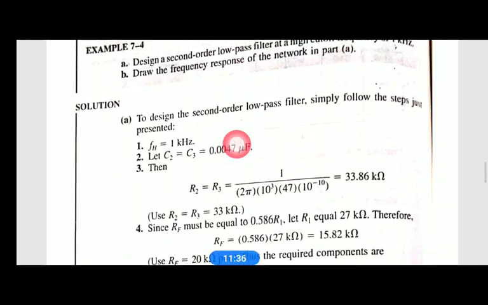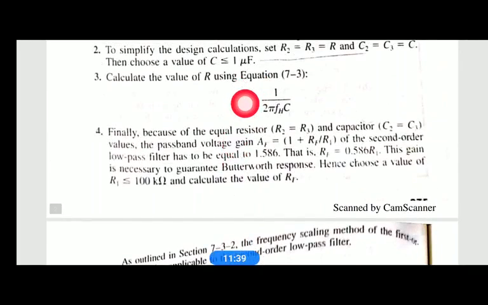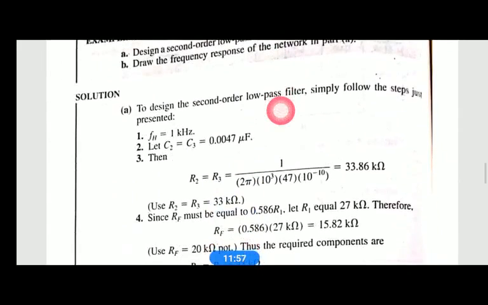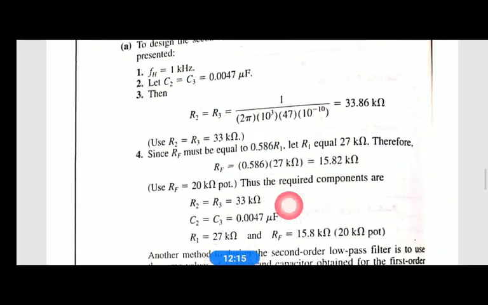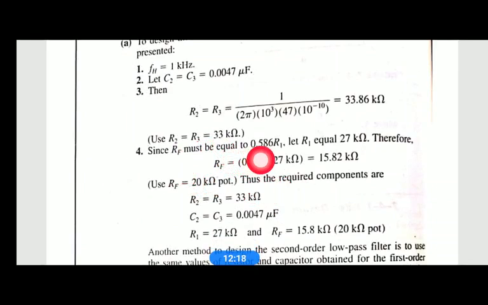So using this value of C, we have to calculate R. R2 equal to R3 equals 1 divided by 2 pi FH C. We put the value of FH as 1 kilo, 10 raised to 3, and C as 0.0047 microfarad, which will give you R2 equal to R3 equal to 33.86 kilo ohm.